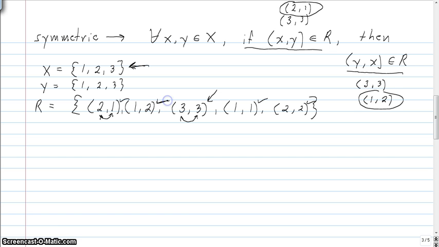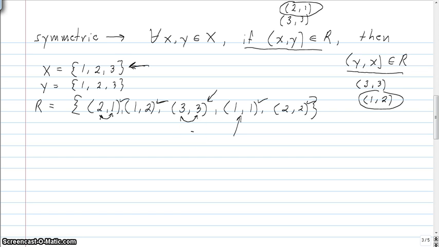We see that right here. So for every element, if we randomly pick one element in the relation, do we also see another element where the x and the y are reversed? And that is true in this case.